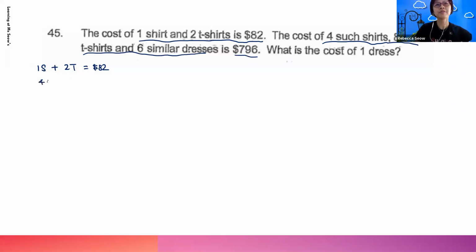So 4S plus 8T plus 6D equals 796. Now you want to find the cost of one dress. Just by writing down these 3 lines and using letters to represent shirts, t-shirts and dresses, we've managed to simplify the question.